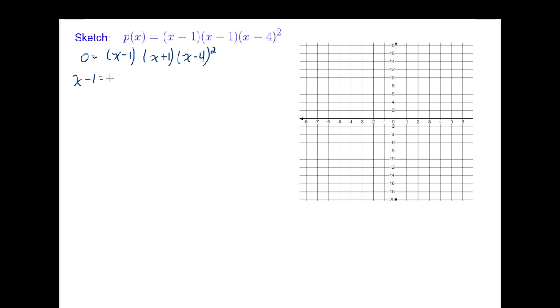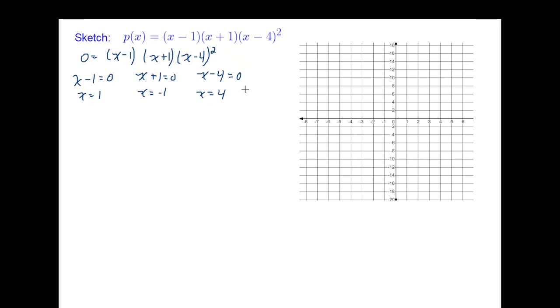So x minus 1 equals 0, x plus 1 equals 0, and x minus 4 also has to equal 0. Solving each of these, we get x equals 1, x equals negative 1, and x equals 4. And so those are the x-intercepts.